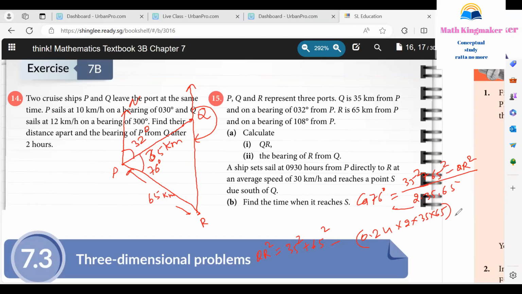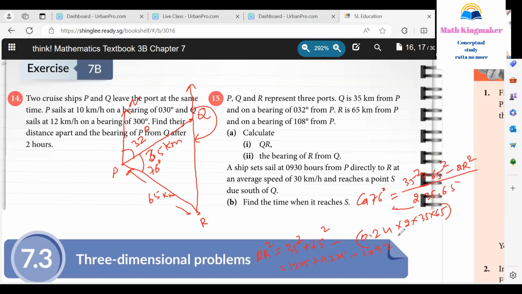So you have to calculate it. 35 square is 1225, plus 65 square, which is 4225, minus 0.24 into 70 into 65, which is 1092.